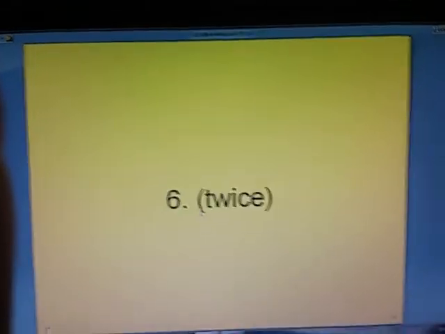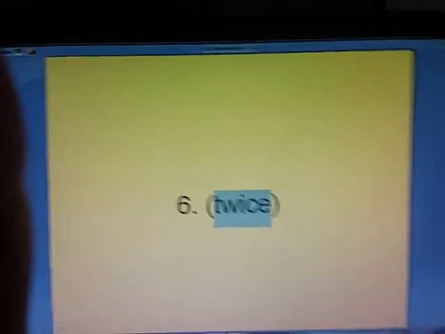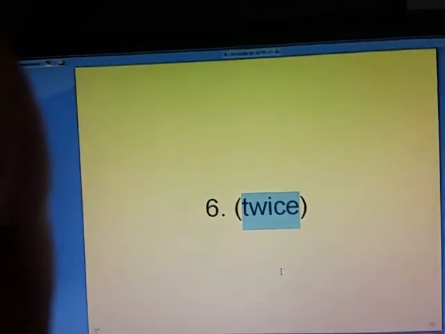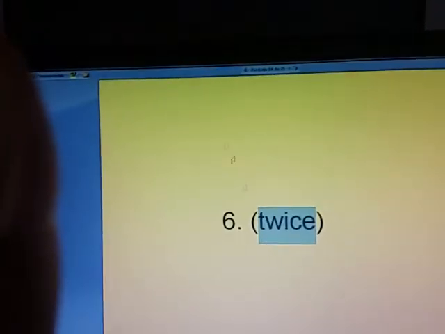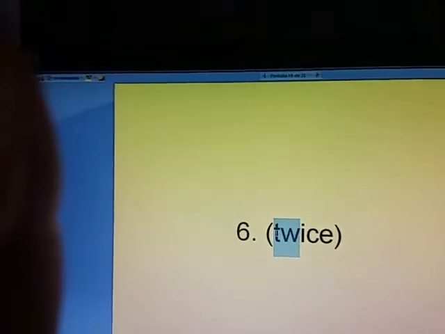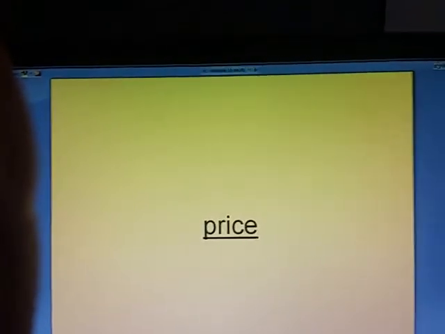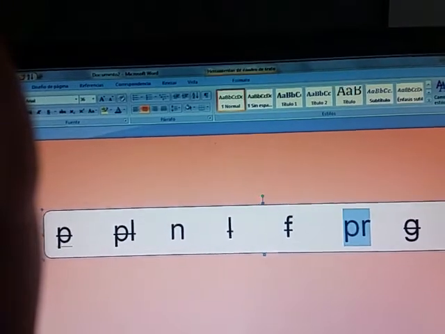Let's continue over number 6. Clue says twice. Question goes like, how much something costs? I'm not using TW, I'm using PR for the word price. Price. Shall we cross this out?